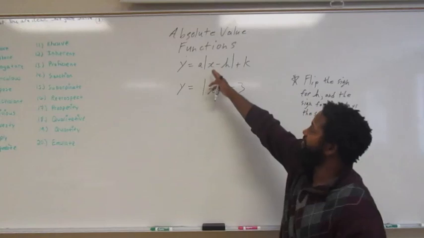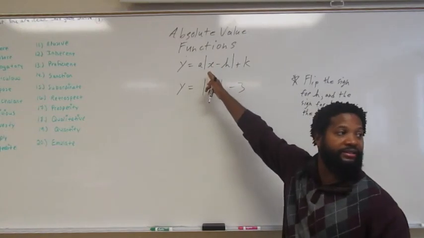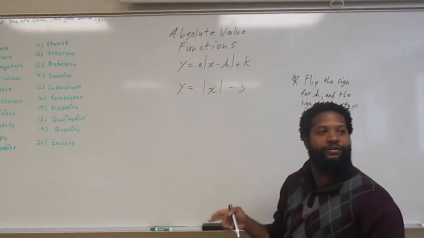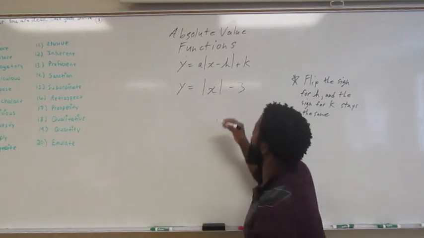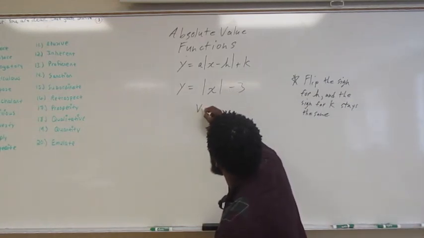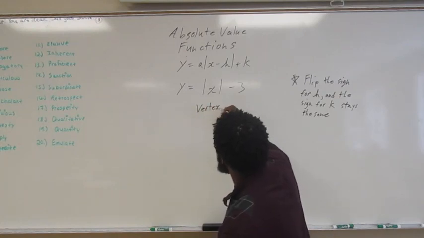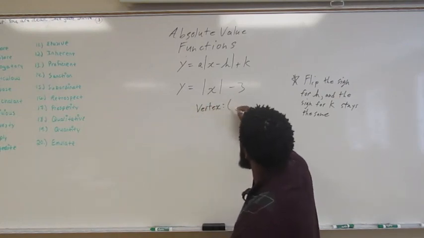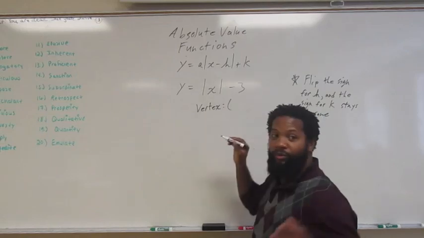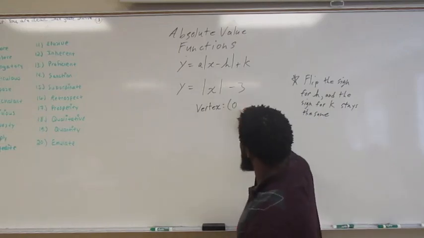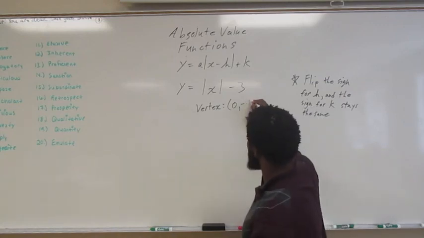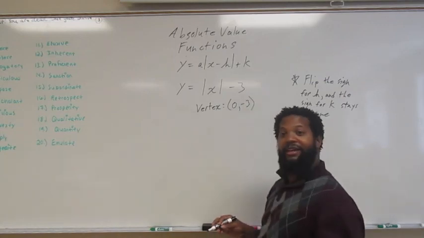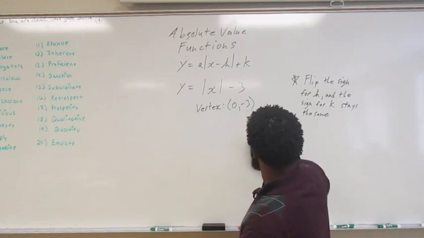Now, we're not going to deal with anything with the x, but do we have an h over here? It will always be 0. So your h will be 0, and your k will be negative 3. That's it, okay?